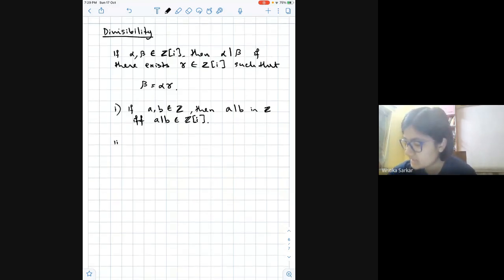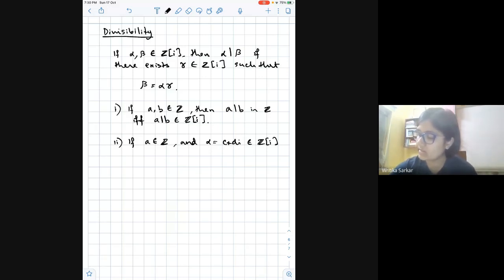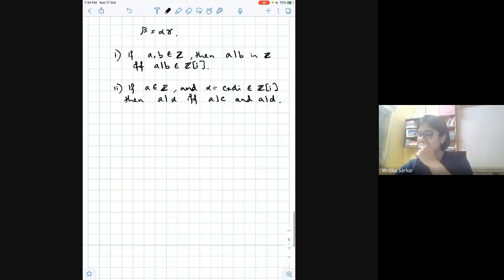The second thing is, if a is an integer and alpha is equal to c plus di, a Gaussian integer, then a divides alpha if and only if a divides both c and d. This one is also pretty self-evident.